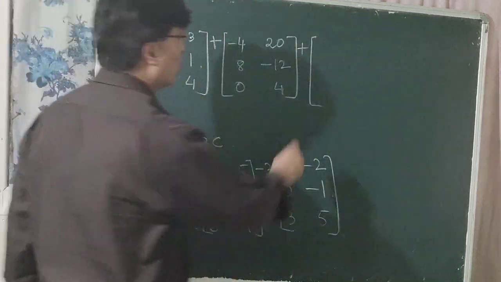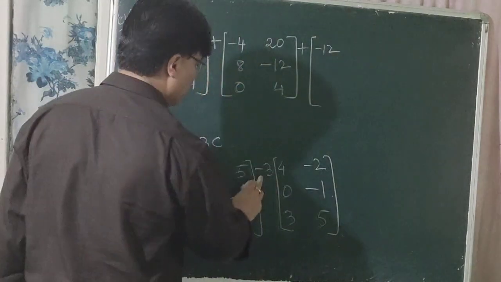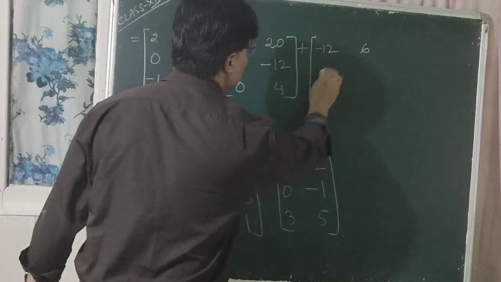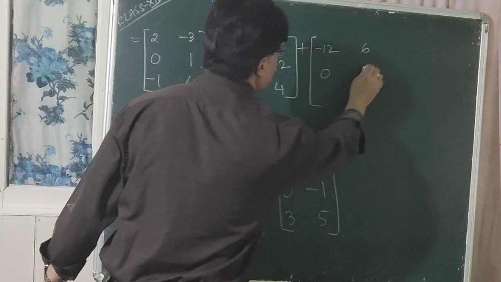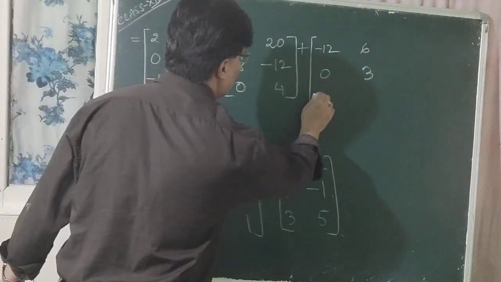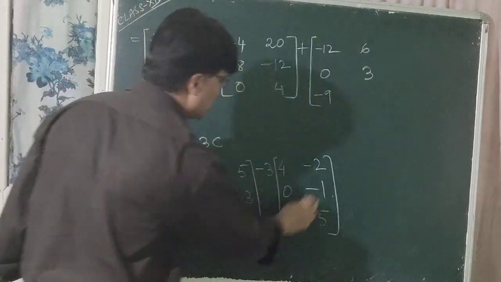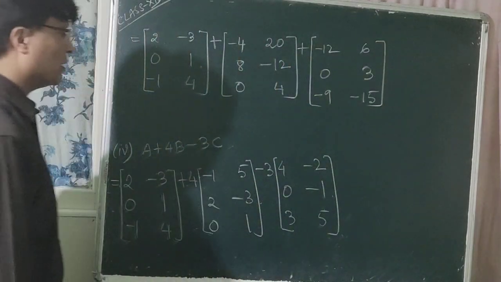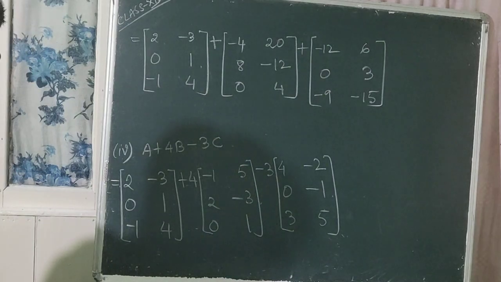What is minus 3 into 4? Minus 12. Minus into minus is plus 6, minus 3 into 0 is 0, minus into minus is plus, 3 ones are 3, right? Minus 3 into 3 is minus 9, minus 3 into 5, that is minus 15. So this is the third matrix out here. So is that clear to all of you?